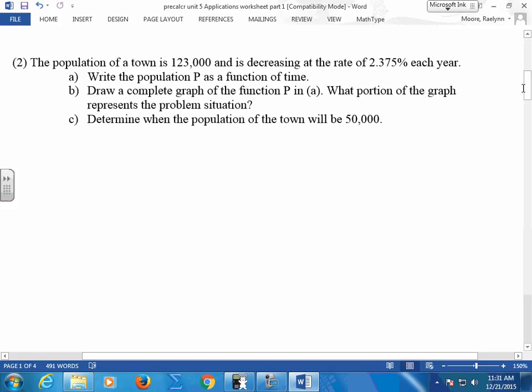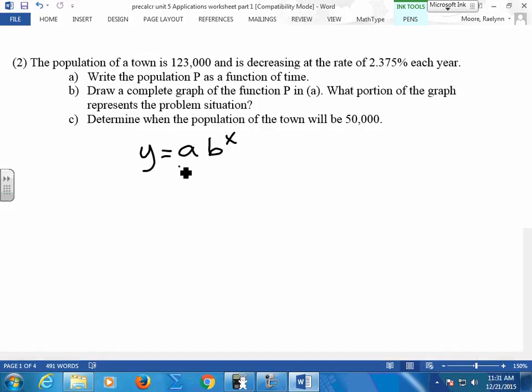All right. The population of the town is currently at 123,000, and they are decreasing at a rate of 2.375% each year. Write your population as a function of time. So again, start like this. What's your initial population? 123,000. Okay.